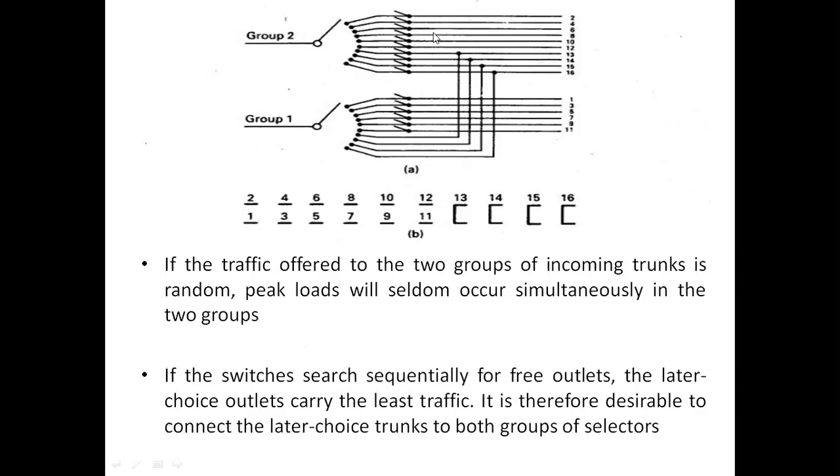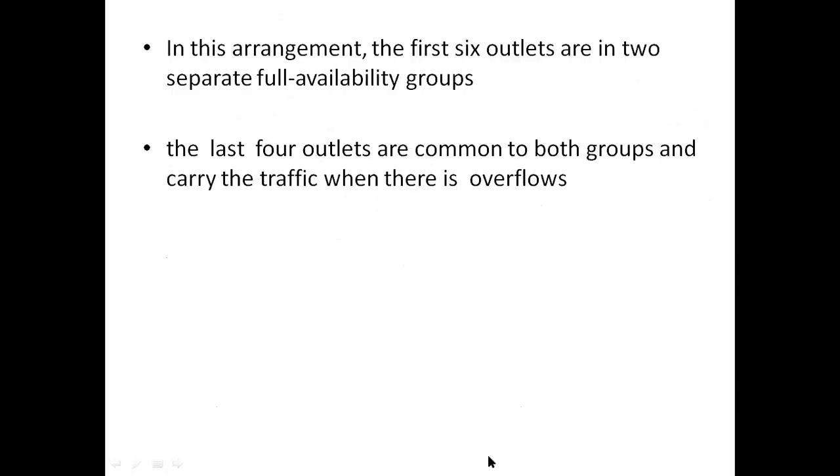If you employ a sequential selection for free outlets, the latter choice outlets carry the least traffic. It is therefore desirable to connect the latter choice trunks to both groups of selectors, as they carry less traffic.